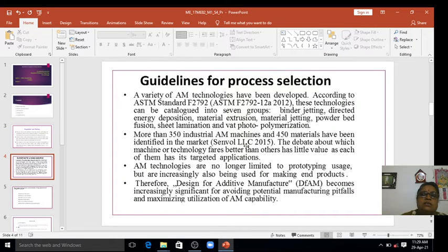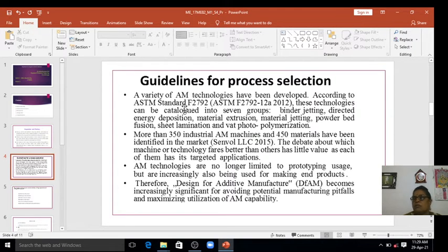The next topic is guidelines for process selection. A variety of AM technologies have been developed as per the ASTM standards, say ASTM F2792-12a from 2012.